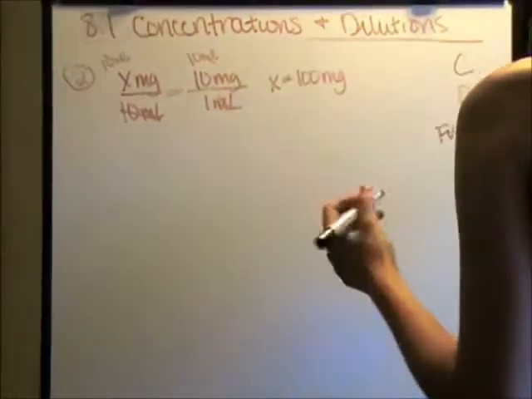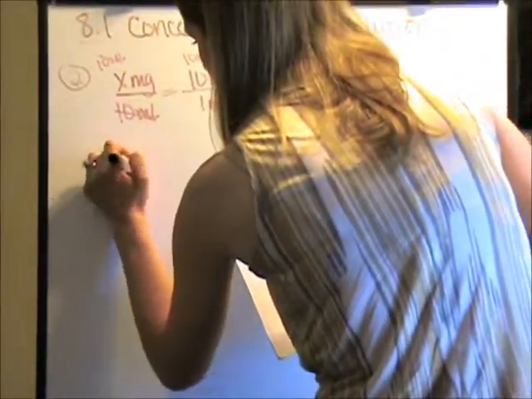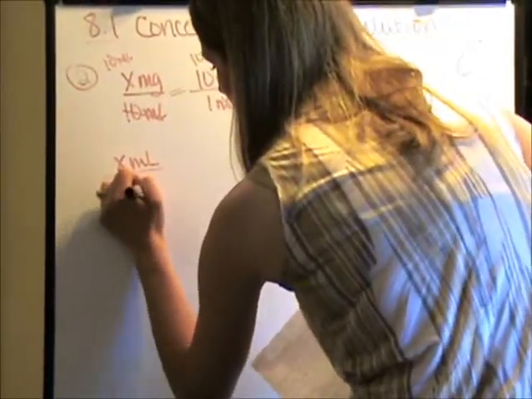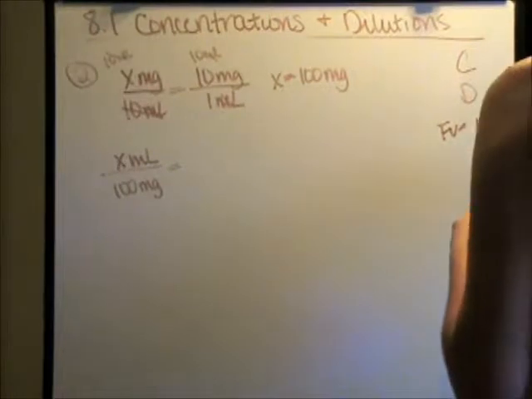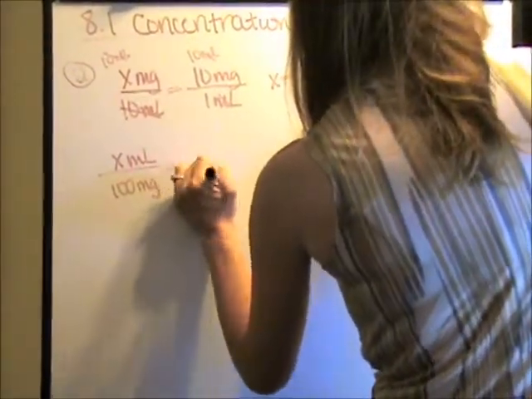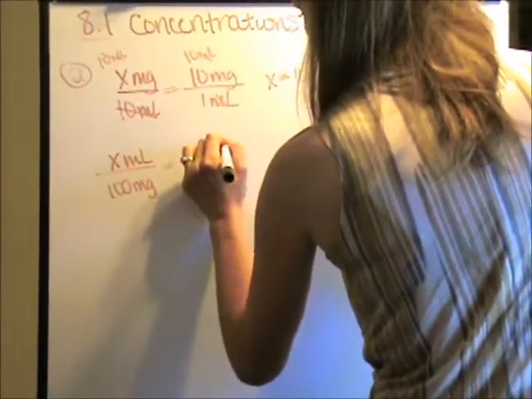So now we can solve for our volume. Our X is going to be in milliliters. We know how much of the drug we need now, 100 milligrams. And the stock solution is supplied as 40 milligrams per 1 ml.